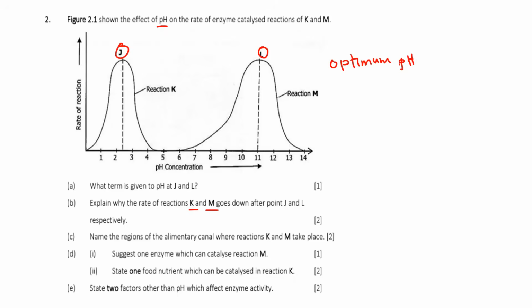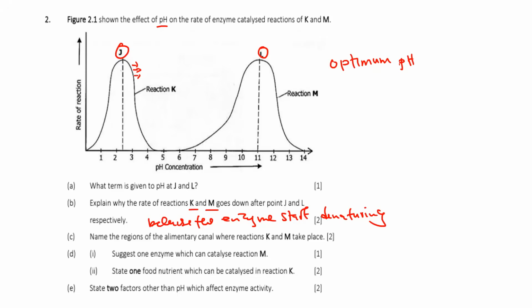Beyond that, it is beyond its optimum pH, and of course, the enzyme starts denaturing. So why does the rate of reaction reduce? Because the enzyme starts denaturing, or the enzyme is denatured, so it cannot perform its function fully.